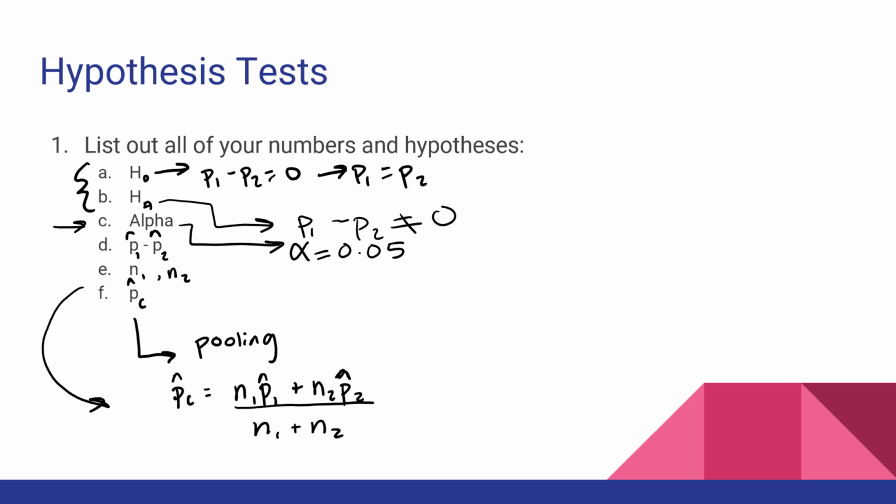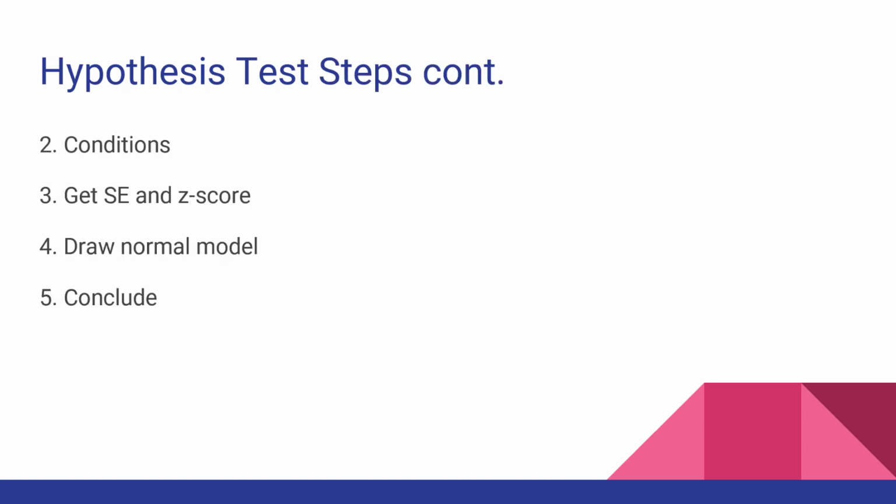We have to do this because our null hypothesis assumed that p hat 1 and p hat 2 were the same, so that means that it would be fine to combine our p hat 1 and p hat 2. So this is the ultimate number that we end up using for our standard error calculation for hypothesis test. And that is equal to n1 times p hat 1 plus n2 times p hat 2 over n1 plus n2.